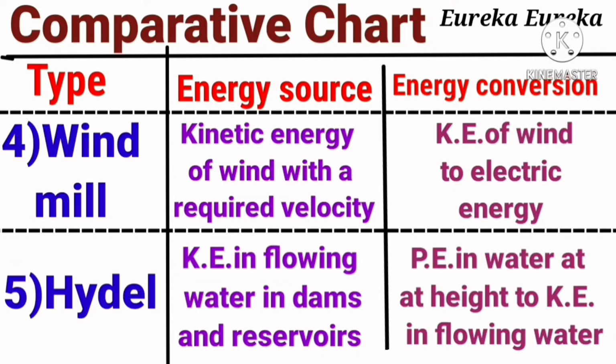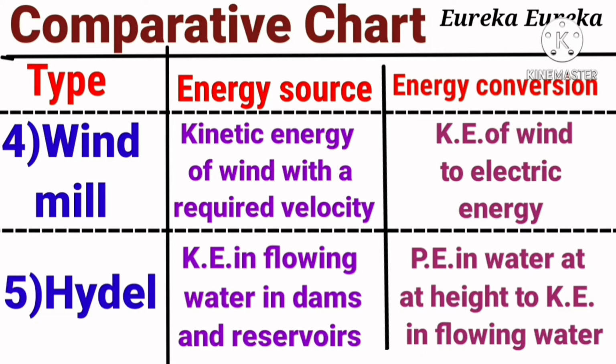And lastly, windmill and hydel. Windmill and hydel, as we have already studied, are a clean source of energy. The energy source used in a windmill is wind, that is the kinetic energy in wind is converted into electrical energy, whereas in hydel, that is hydroelectric power station, flowing water is a source of energy.